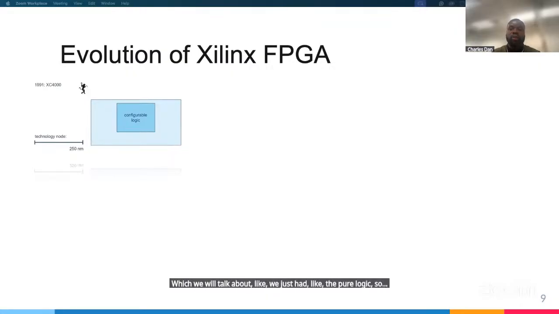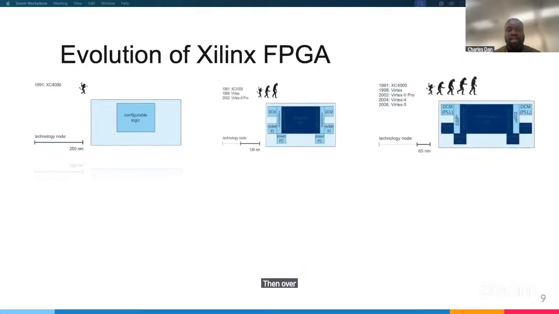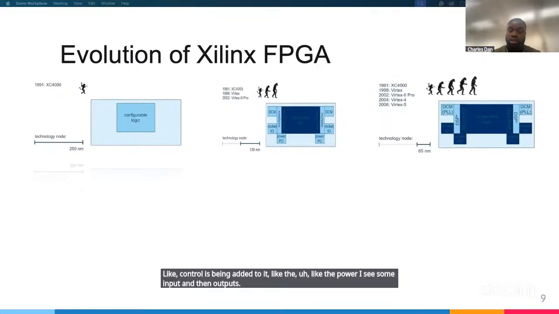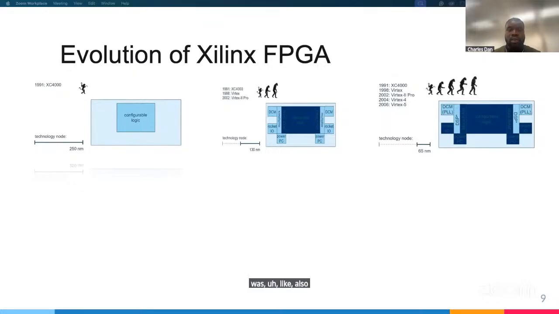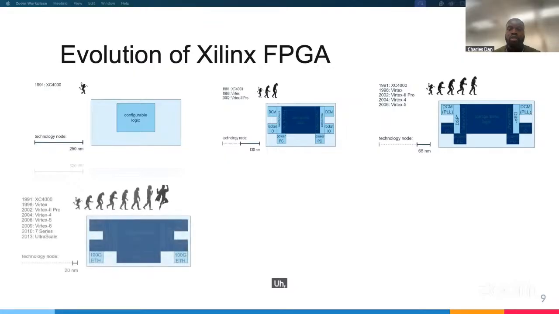We couldn't combine it with any ARM processor or any processor. Over time, it evolved to having some DSP controls added to it, like the power IC, and some input and output were also added to the chip. It was more or less an upgrade from where we started to now.